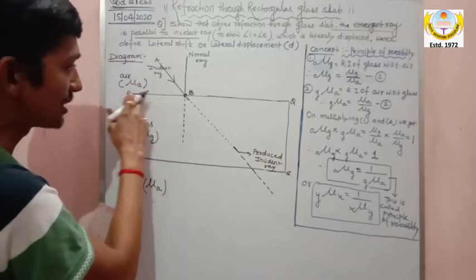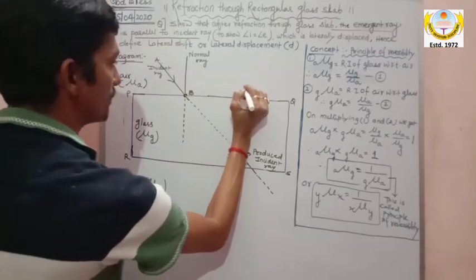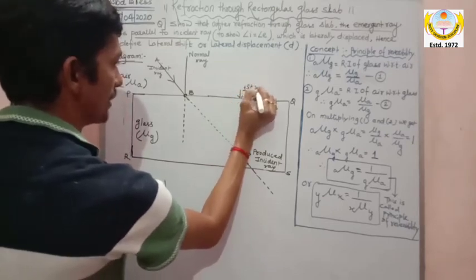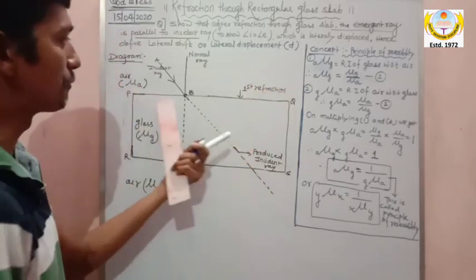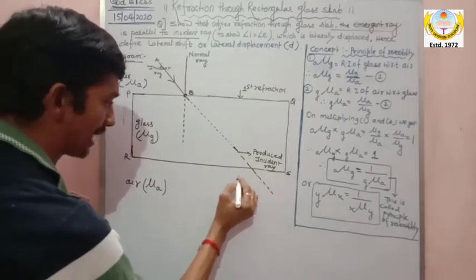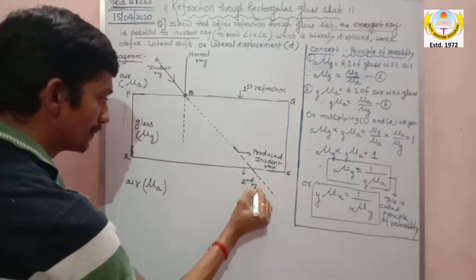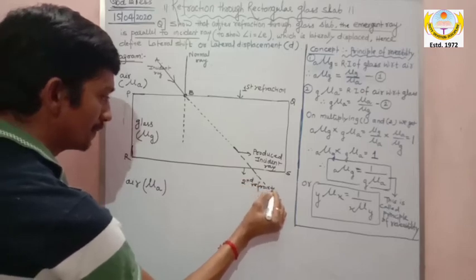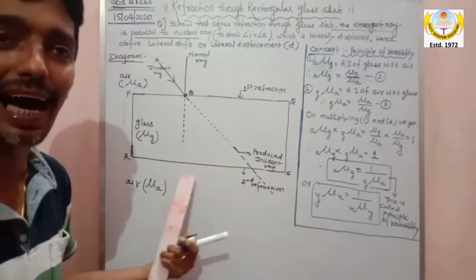So first refraction, जो first refraction होगा वो PQ surface से होगा. First refraction takes place from surface PQ, and second refraction will take place from surface RS.